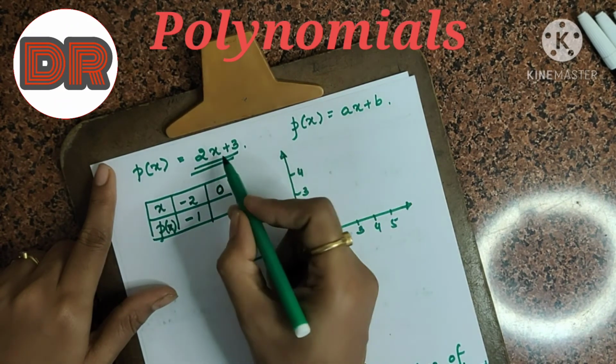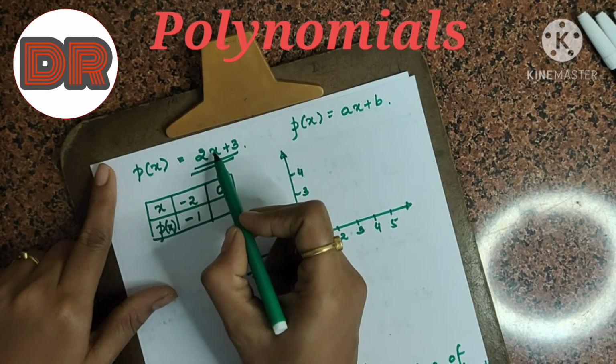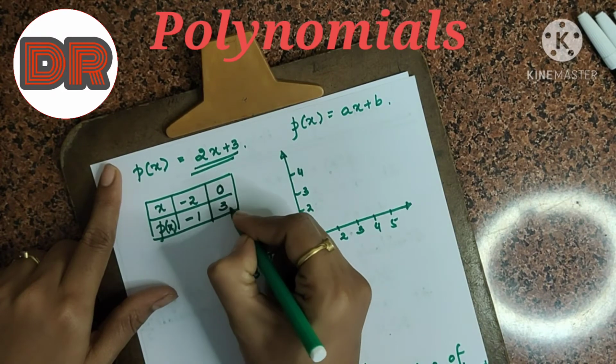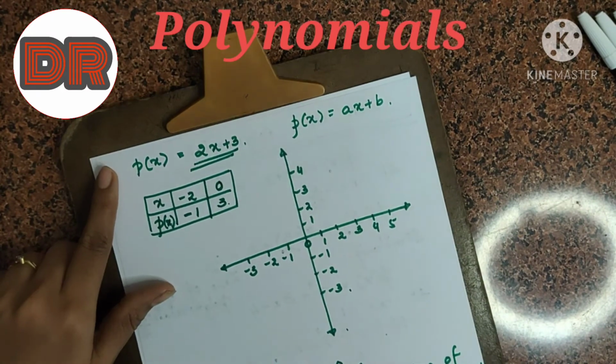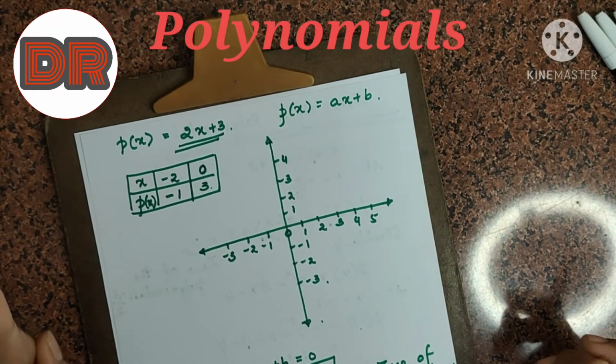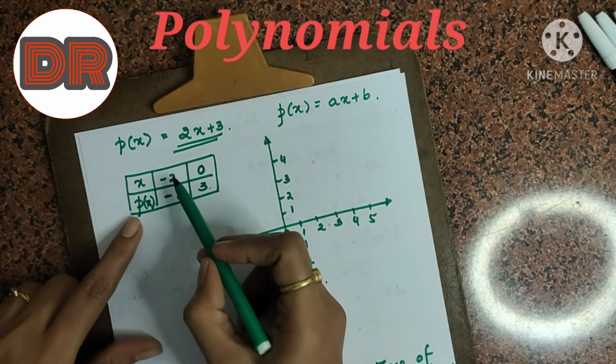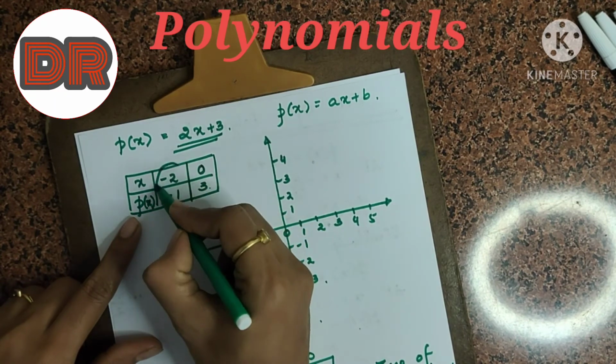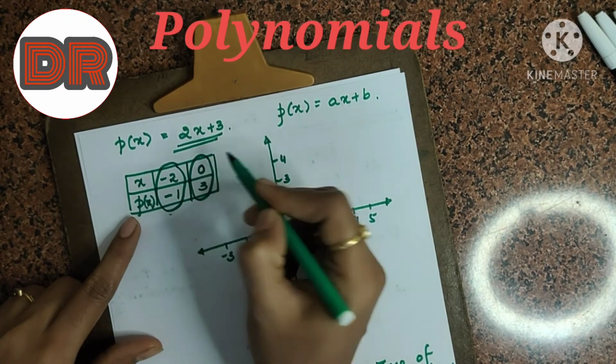Let me substitute it as 0. If x is 0, the value of the polynomial is 3. So we need 2 points. These are the 2 points, this is one and this is the second one.